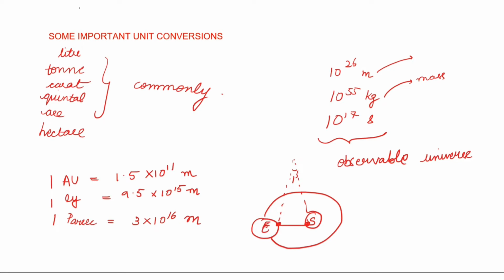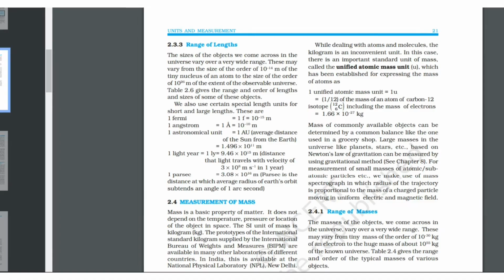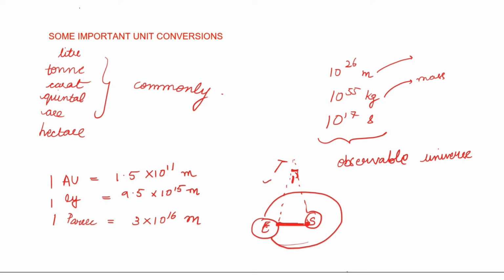Now when the angle that the average radius of the earth's orbit subtends is equal to 1 arc second, then this distance which I am marking here is nothing but 1 parsec.